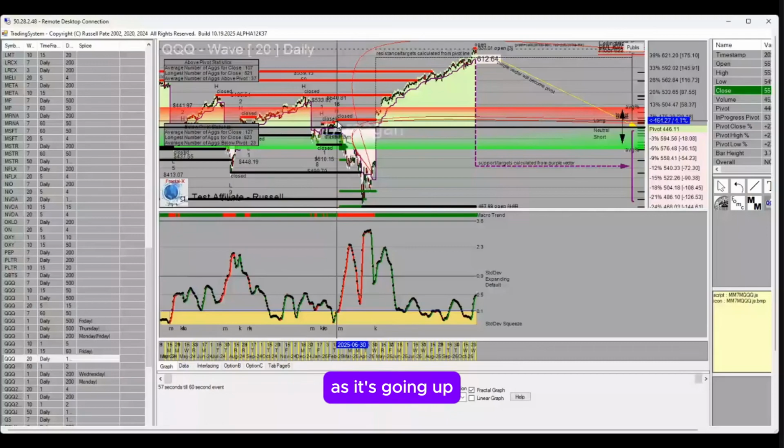And then as it's going up the pyramid, it tends to start to tighten up. The extensions tend to become less, the pullbacks tend to become less. And then there'll be something that happens, and then the volatility widens out again. And right now, we're still in that base of the pyramid.